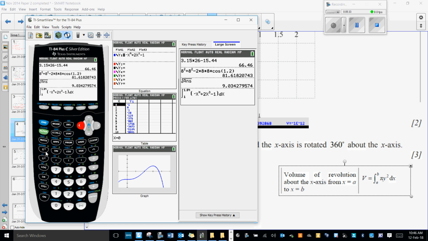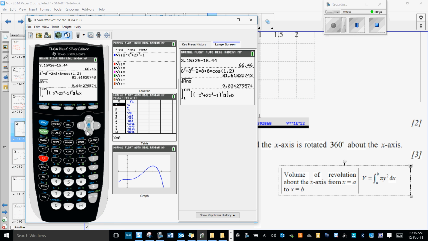So I'm going to insert brackets here. Insert bracket here. Oh, wrong place. And then square that function.